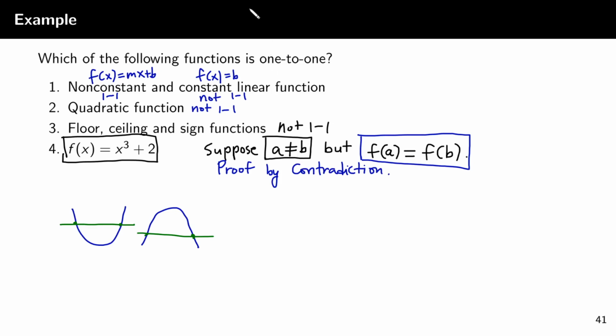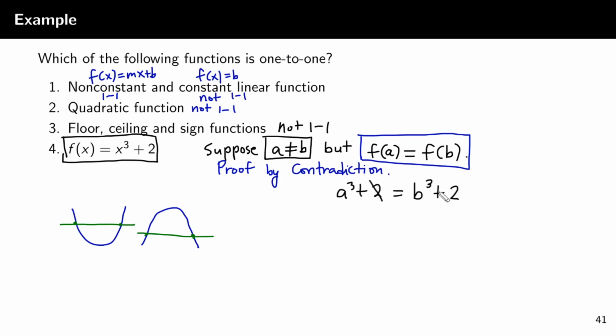A is not equal to B. Okay. So what is f of A? It's just A cubed plus 2. And what is f of B? It's just B cubed plus 2.